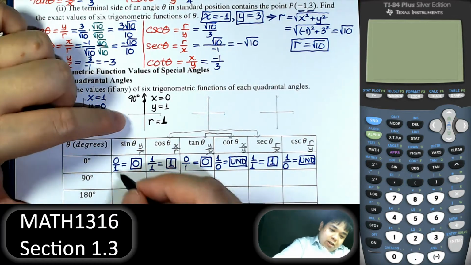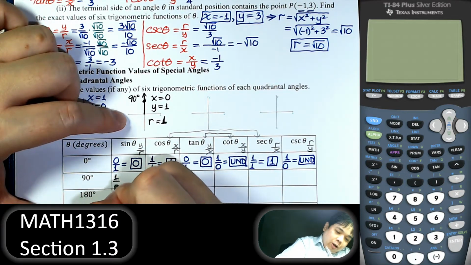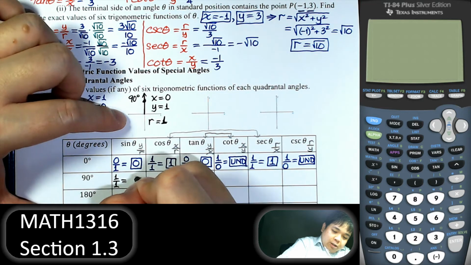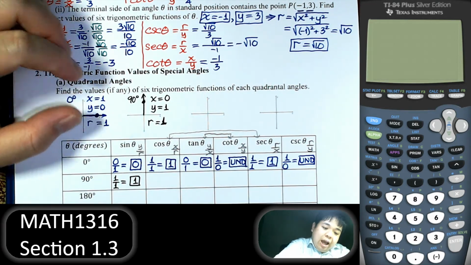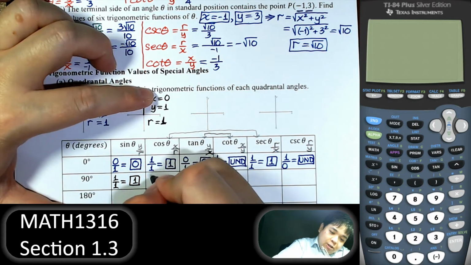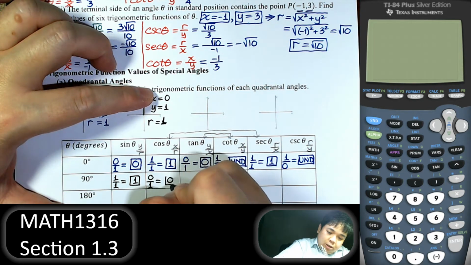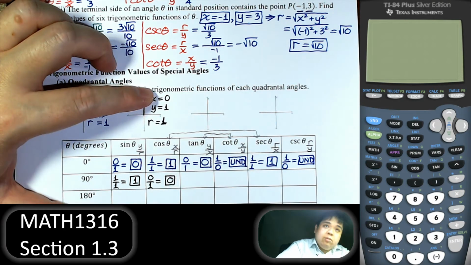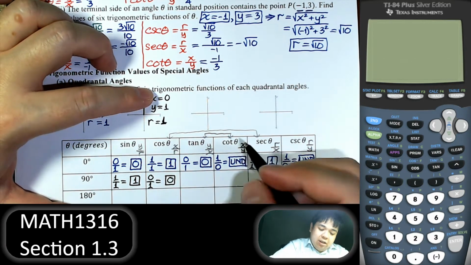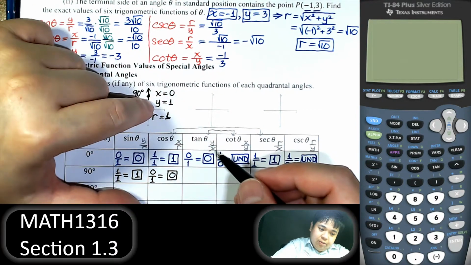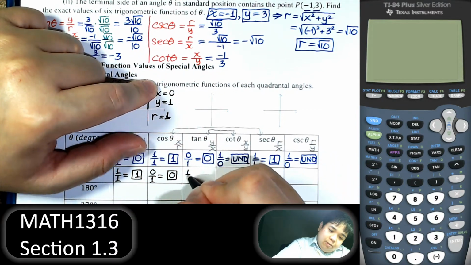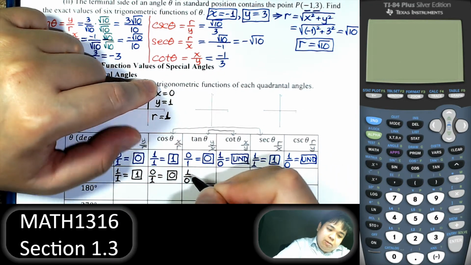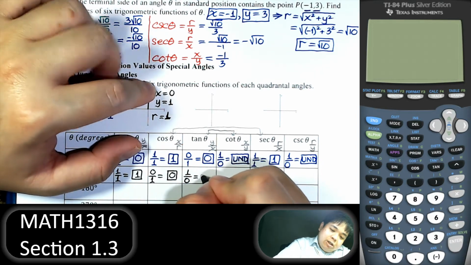Y over r, y over r, x over r, y over x. Divided by 0 is undefined.